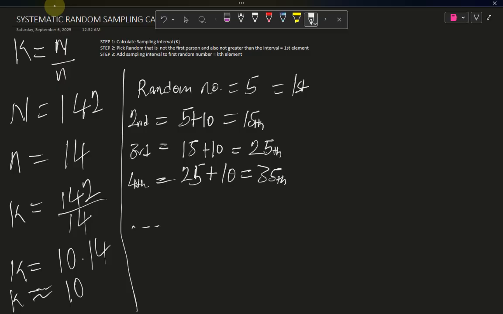You keep doing that until you get your 14th participant, because you are selecting 14 people. So if we are using the sampling frame, the first person is number 5.